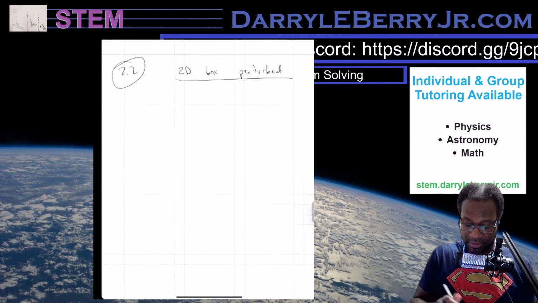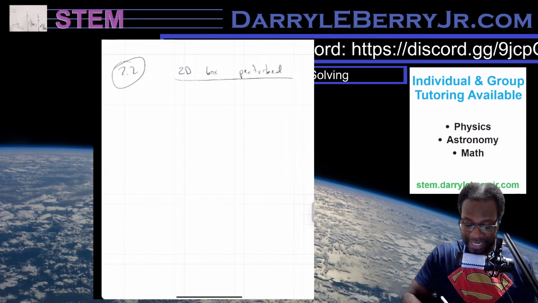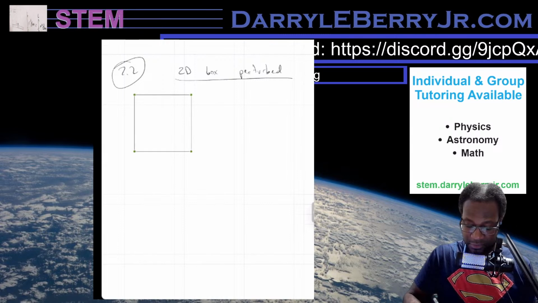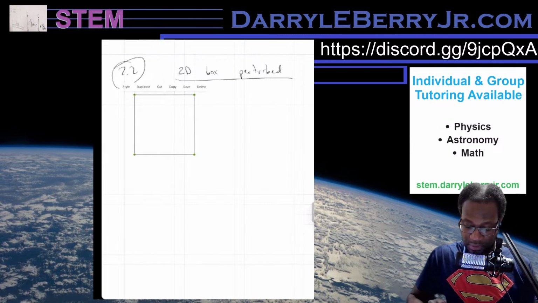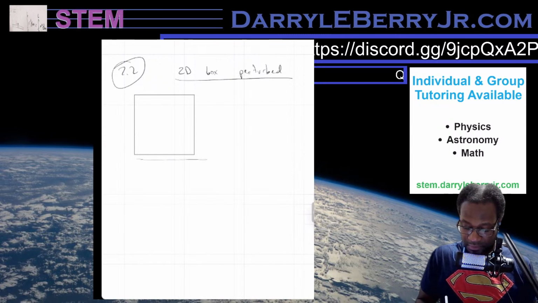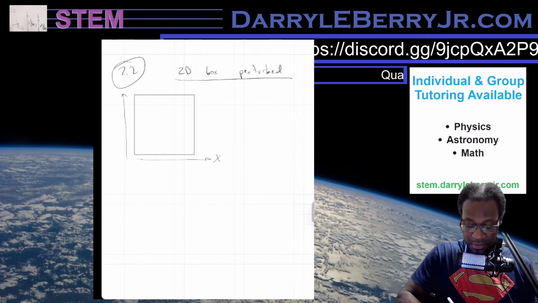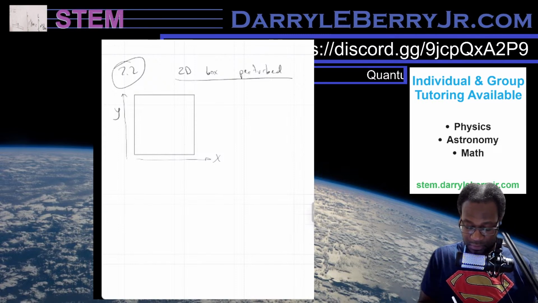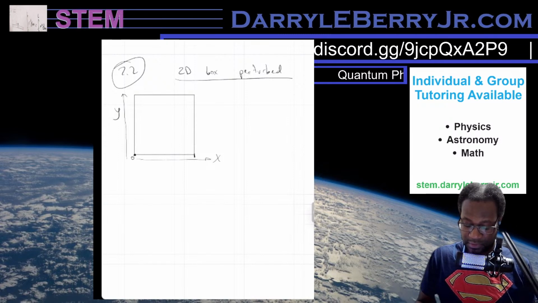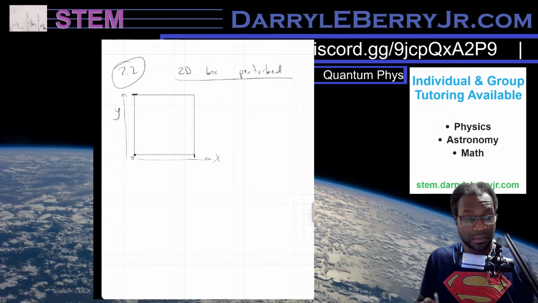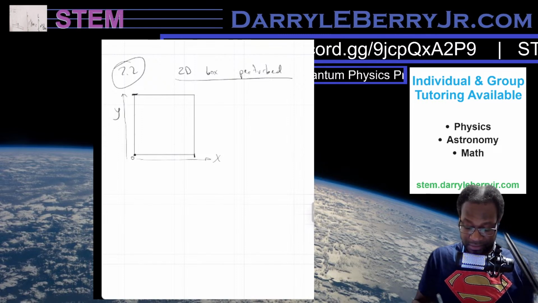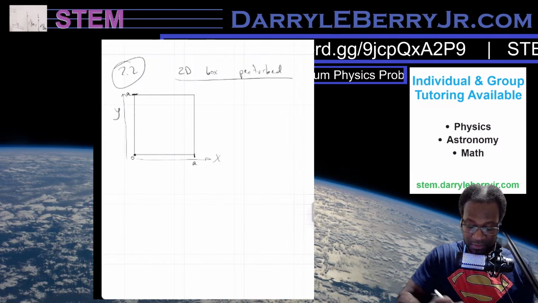If we're looking down on the well, we have a two-dimensional box. This is X, this is Y, this is 0 in both origins, and we have widths and heights of A. So this is A, this is A.